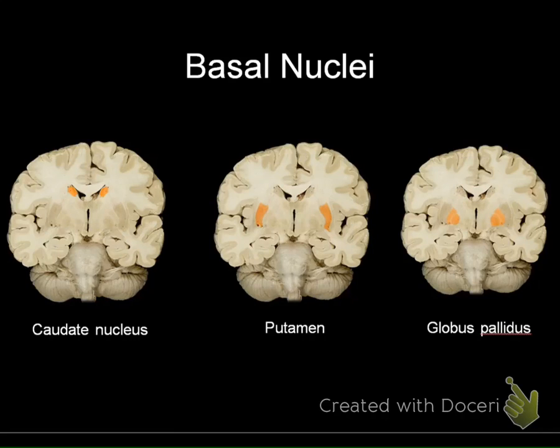On the lab exam or on the lecture exam, I would identify these areas for you, and I would more want you to know, what do the basal nuclei do? I'm not going to say, oh, is that the putamen or is that the globus pallidus? But I would want you to know that collectively these basal nuclei are involved in motor control. It's your involuntary side of it, right? It's the coordination of your motor control.